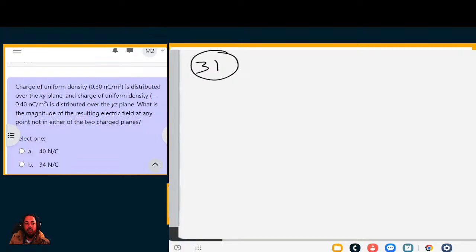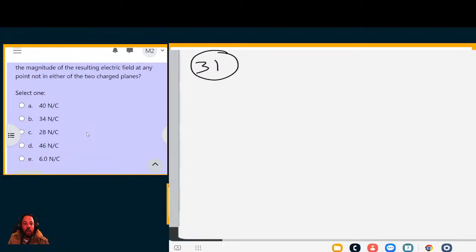It's distributed over the xy plane, and a charge of uniform density negative 0.4 nanocoulomb per square meter is distributed over the yz plane. What is the magnitude of the resulting electric field at any point not in either of the two charged planes?